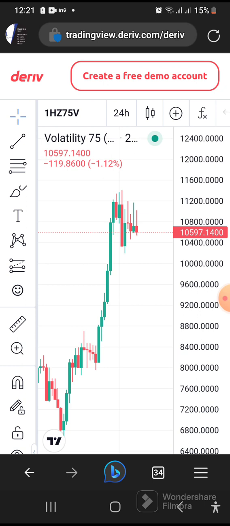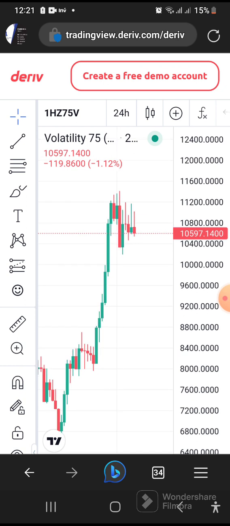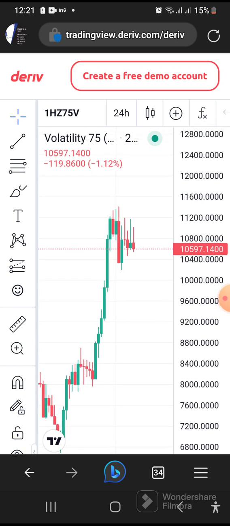Right now we're currently on the 24-hour. Normally when we're analyzing charts, it's advisable to analyze on higher time frames, such as the 4 hour down to the 1 hour, 30 minutes, 15 minutes, which is the most preferred method for most traders.